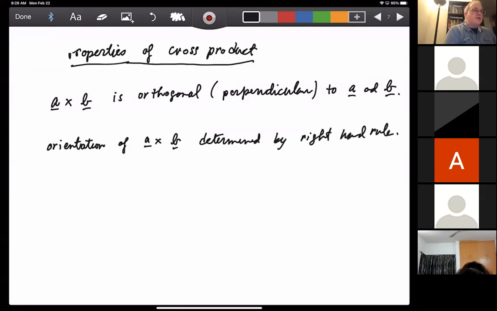Remember we've seen the right-hand rule in the context of right-handed coordinate systems. The positive z-axis has a certain relationship to the positive x and the positive y-axis.